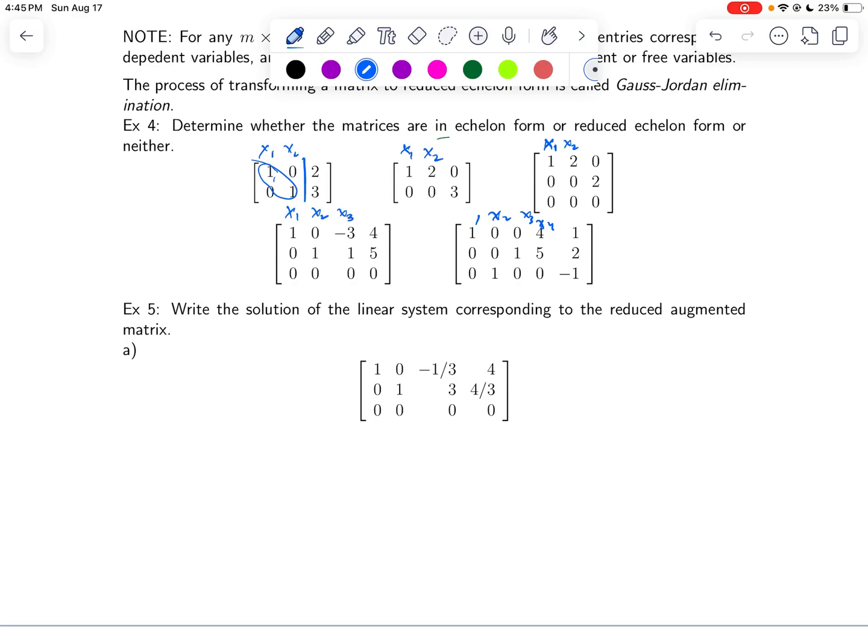So it could be the reduced echelon form. One more thing we have to check to make sure it is reduced is that each entry on the diagonal is 1, which it is. So this one is in reduced echelon form, or we can say RREF.